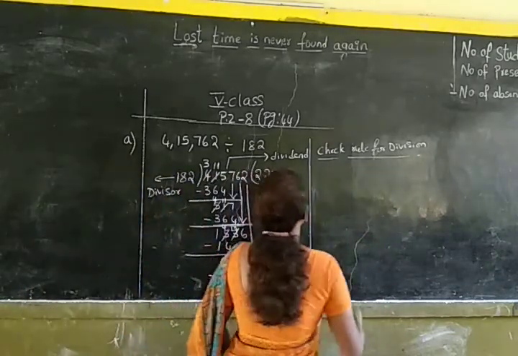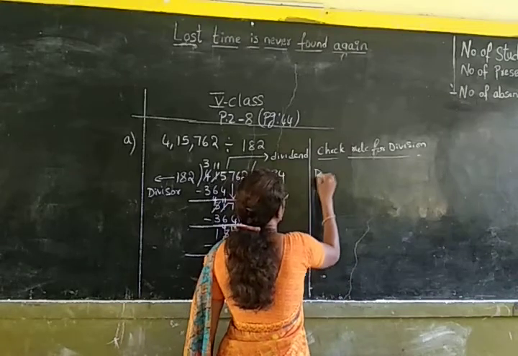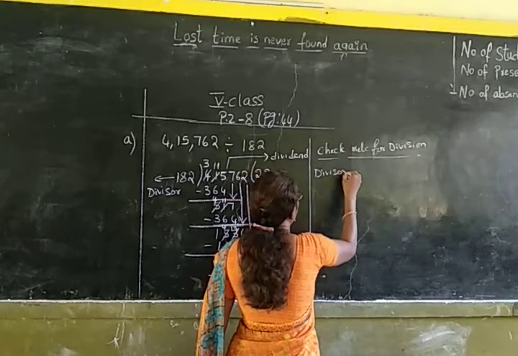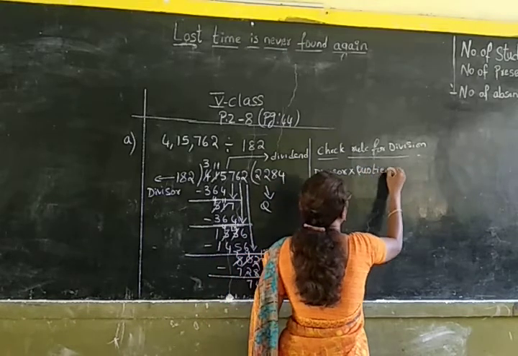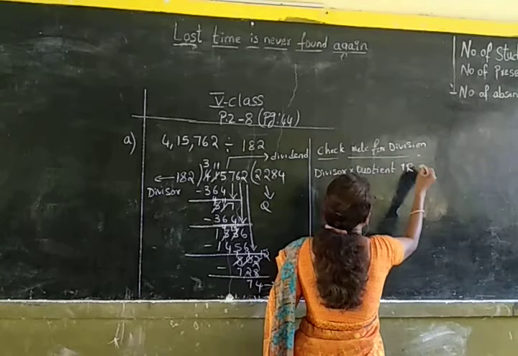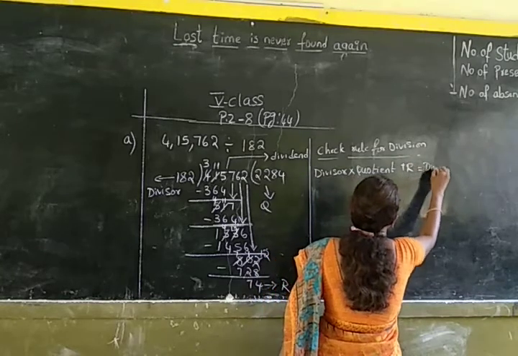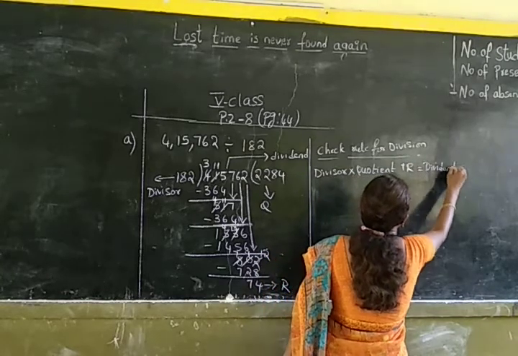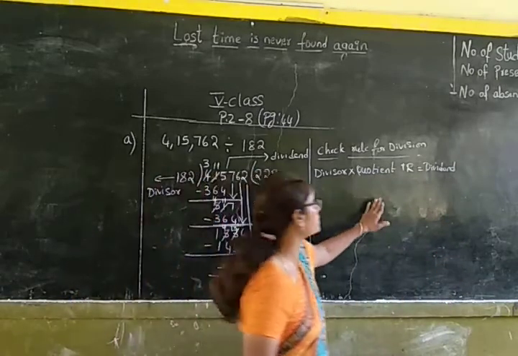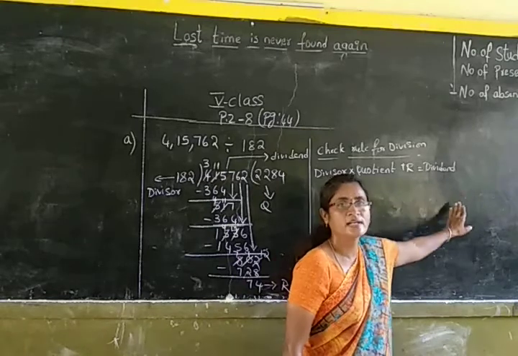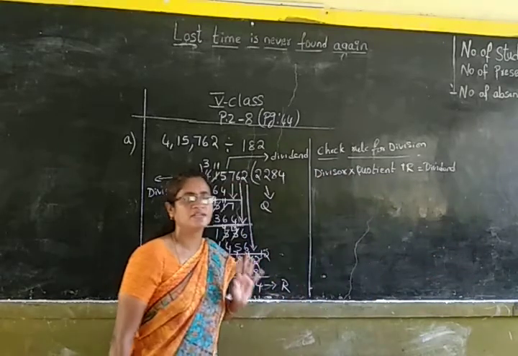So what is the check rule for division? Divisor into quotient plus remainder is equal to dividend. So when you multiply divisor and quotient and add remainder, you will get the dividend. Then only your division will be correct.